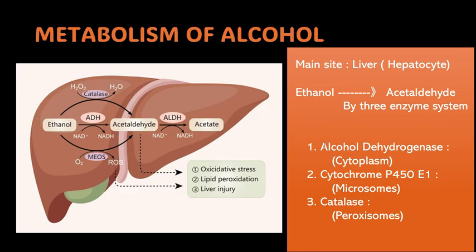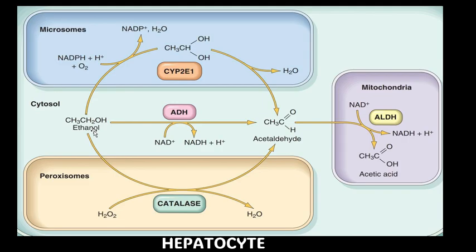The first one is alcohol dehydrogenase, which is present in the cytoplasm. In the microsome, we have an enzyme called cytochrome P450 2E1. And in the peroxisome, we have another enzyme called catalase. Let's see how they act.